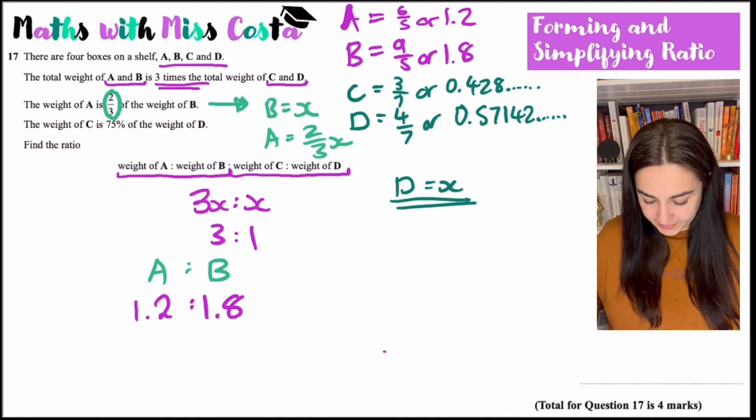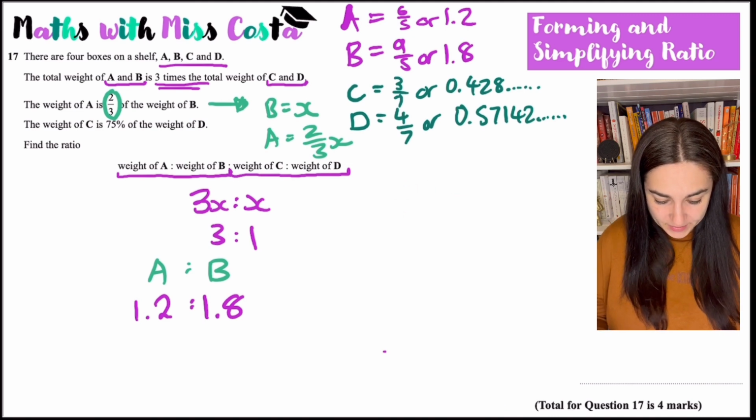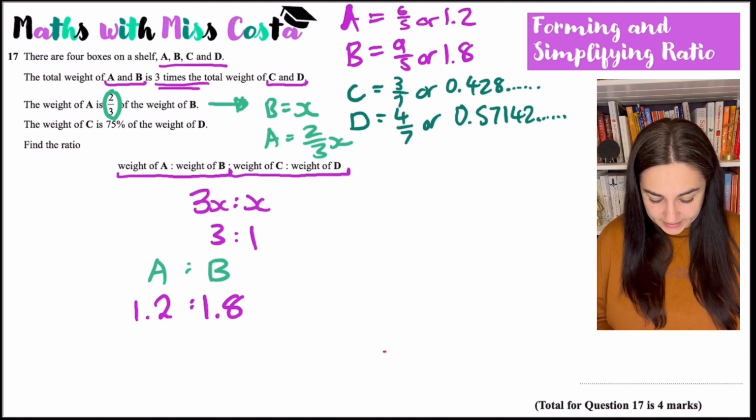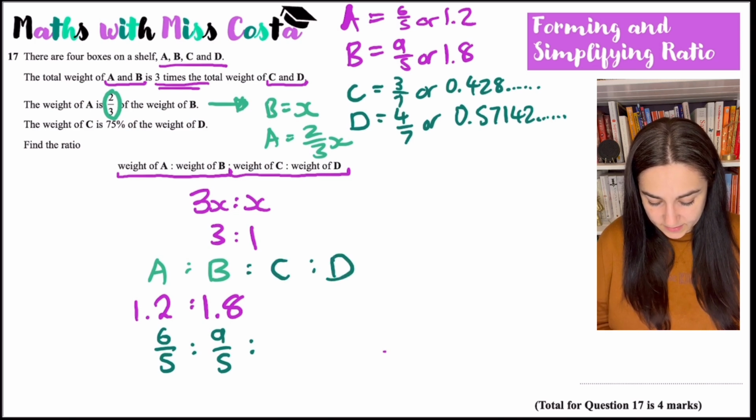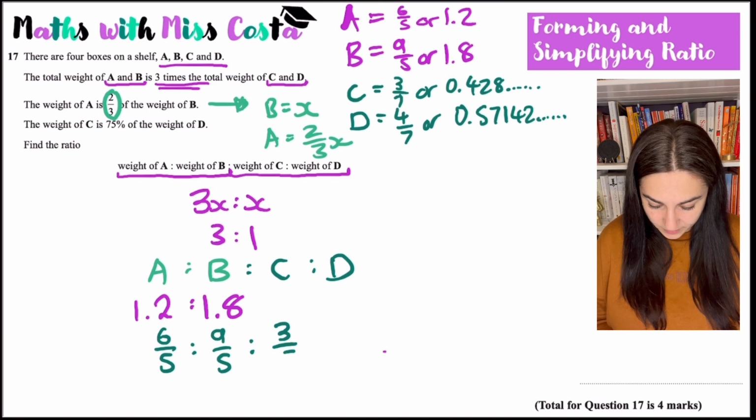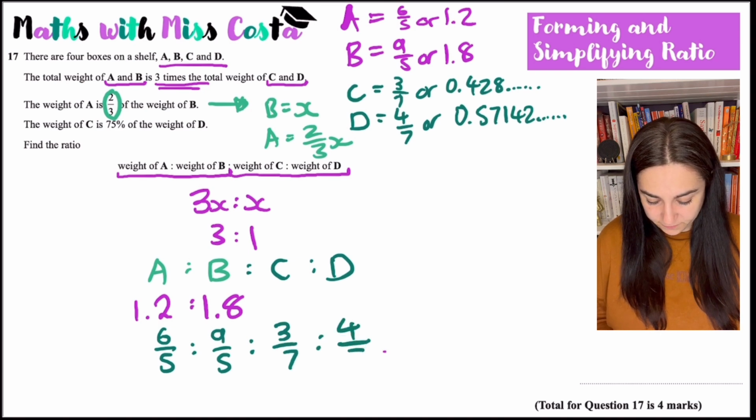So let's rub this out, and I've got all of my key values here. I know that A to B is 1.2 to 1.8, or I could write it in fractional form, 6/5 to 9/5, and then C to D must be 3/7 and 4/7.